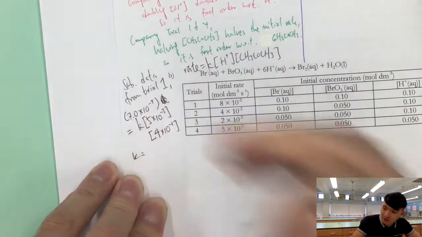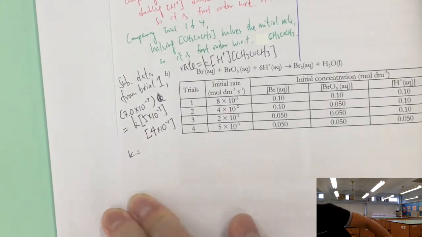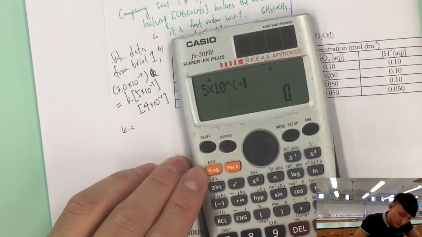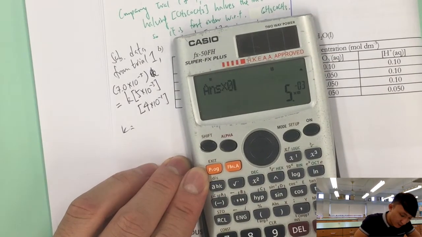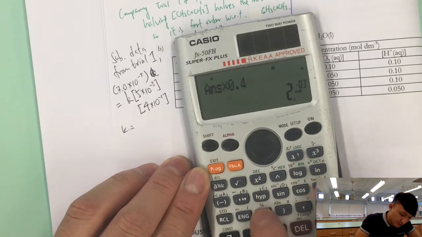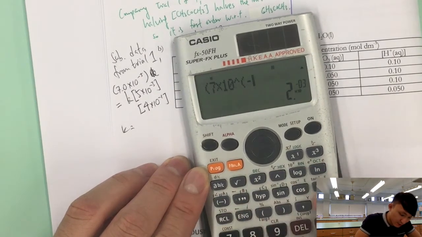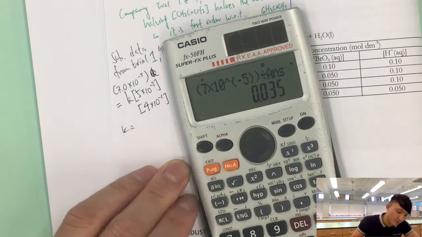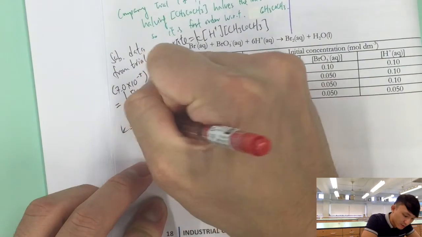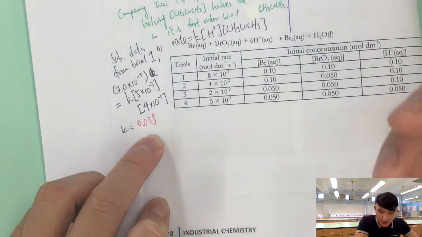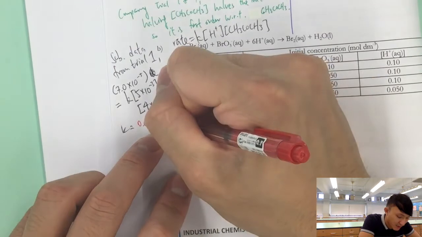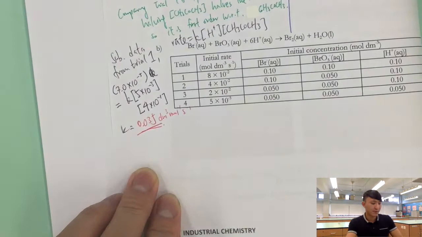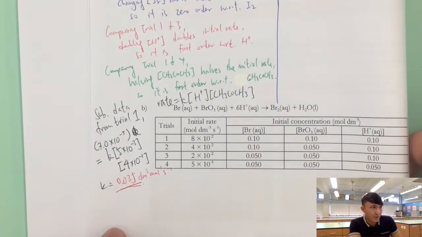Then k equals, you just tap your calculator. So you got 0.035. The unit, as it is a second order reaction, would be dm cube mole negative 1 second negative 1. Okay? So this is how it works using the first method.